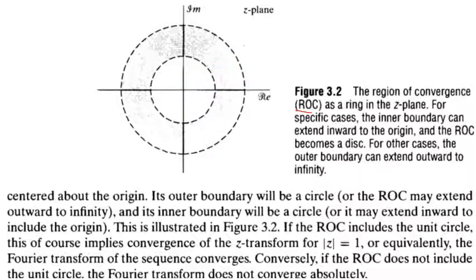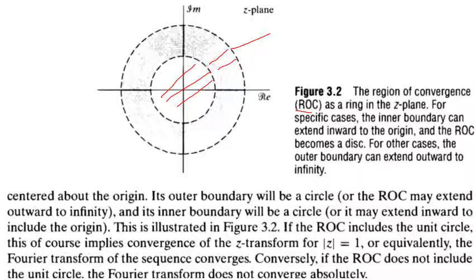Okay. So for specific cases, the inner boundary can extend inward to the origin. So this can be the region of convergence. Okay, the ROC becomes a disk. This can be the region of convergence, so the overlapping of these two, or this can be the region of convergence.